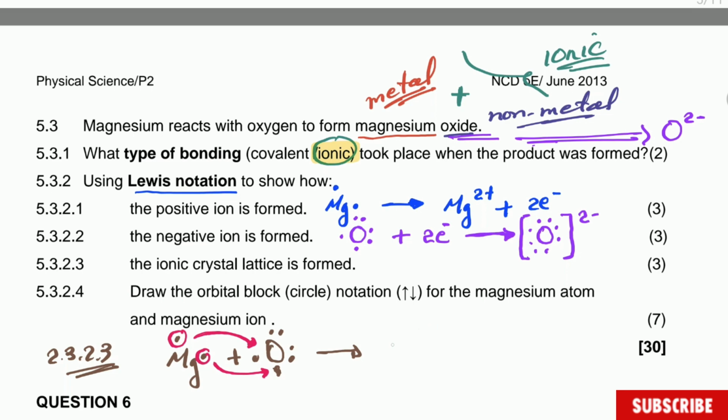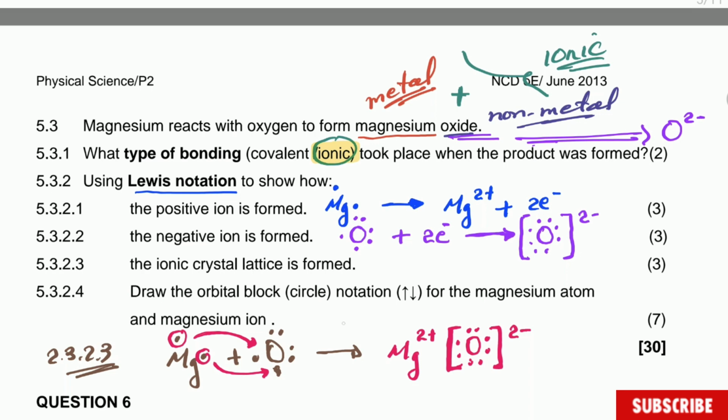So now in the product we are going to have the magnesium without those valence electrons, and therefore it becomes 2 positive, and the oxygen is going to have all 8 valence electrons, 1, 2, 3, 4, 5, 6, 7 and 8, and because it gained those 2 electrons, it is going to be 2 minus. The square bracket is because the 2 minus is for everything with the valence electrons. And this is how the ionic crystal lattice is formed.